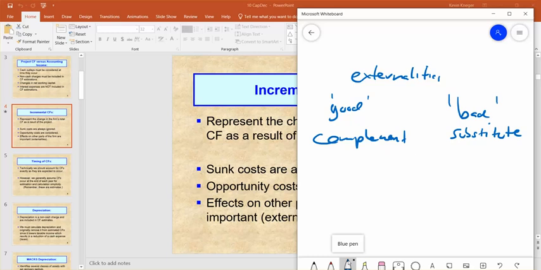A bad type of externality, a substitute that hurts your overall setup, would be what happens if you have a new flavor of a soda, like for me, some kind of a diet soda, and you come up with a new 0-calorie version, and all I do is switch to your new version, but I just stop drinking Diet Coke.